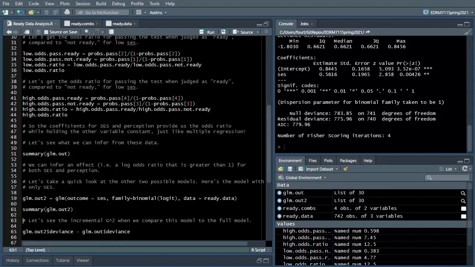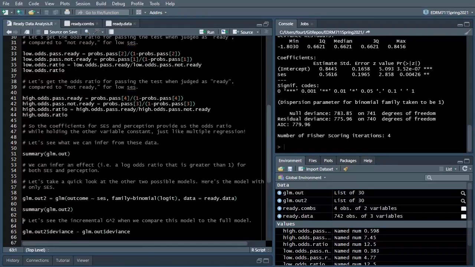And I'm going to look at the difference in the deviance of the GLM with the full model and the reduced model. Now, if you think about what this deviance is going to tell us about, it's going to tell us about perception, not SES. Why?